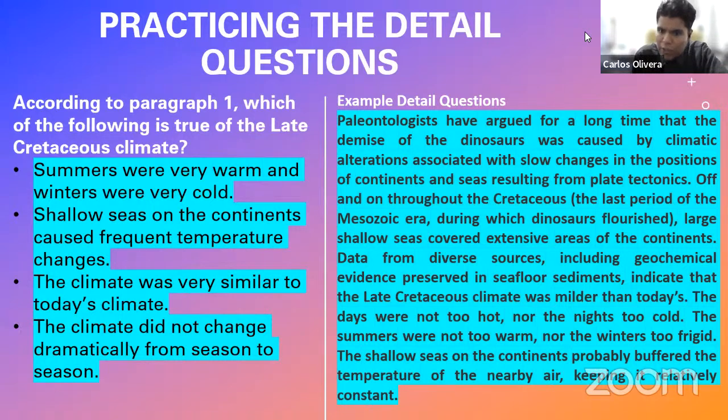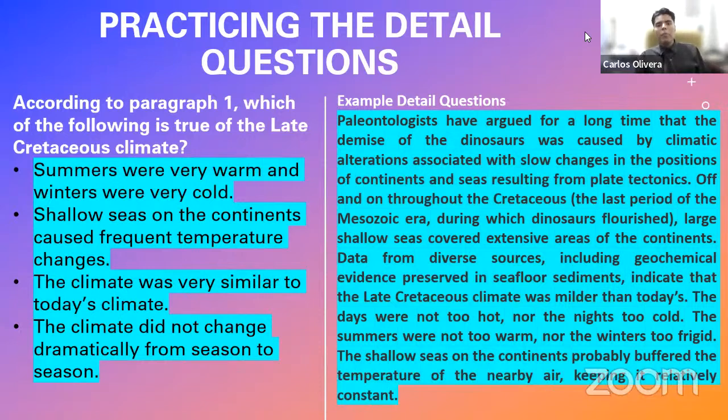Data from diverse sources, including geochemical evidence preserved in seafloor sediments, indicate that the late Cretaceous climate was milder than today's. The days were not too hot, nor the nights too cold. The summers were not too warm, the winters not too frigid. The shallow seas on the continents probably buffered the temperature of the nearby air, keeping it relatively constant, okay?